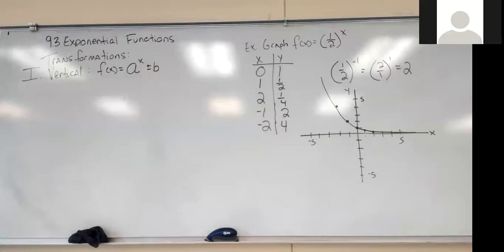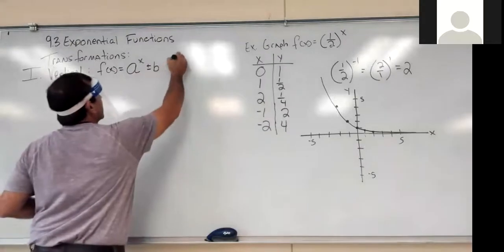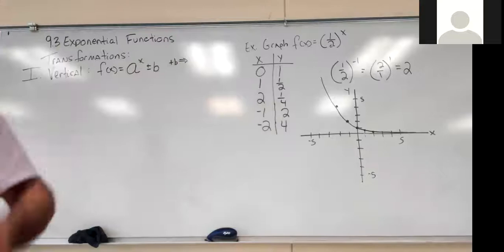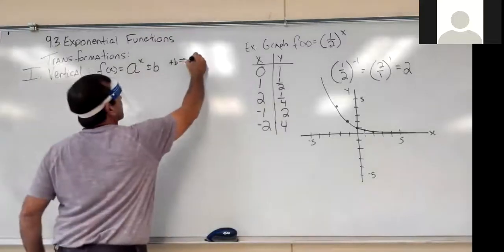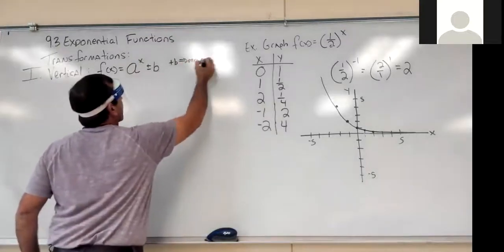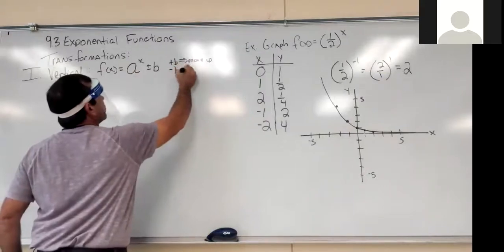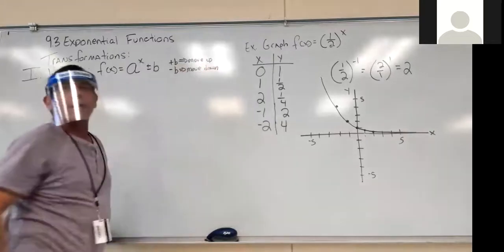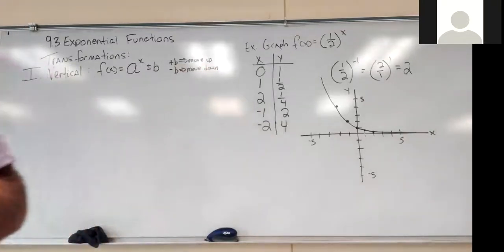When I added a number to the end, it either moved me up or down. If the b was positive, it's going to move me up. And if that b was negative, it's going to move me down. So that one's basically the same as it was in 8-1, okay?